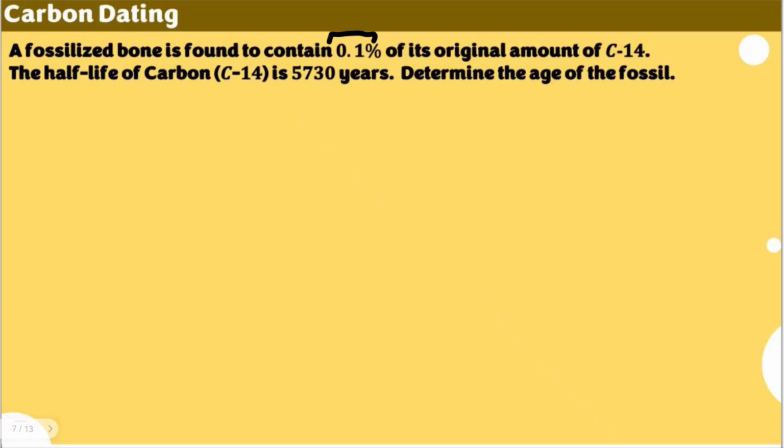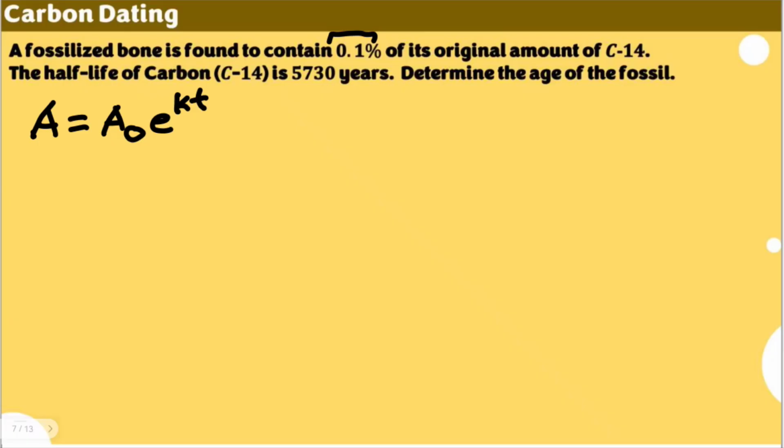Basically, we're going to use the formula A, the total amount for a certain situation, equal to your initial amount times e to the power of kt, where t is the number of years. For our first situation, we are given the half-life of the carbon, that would be our T, and k is a constant of proportionality.